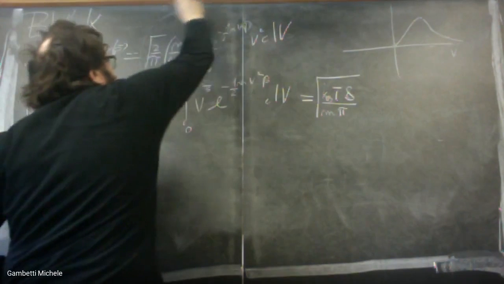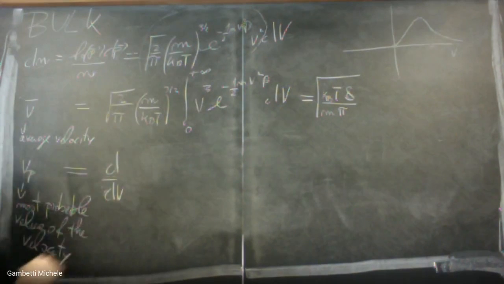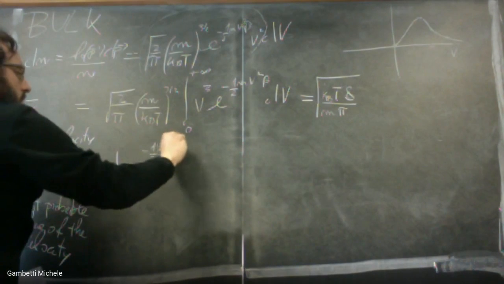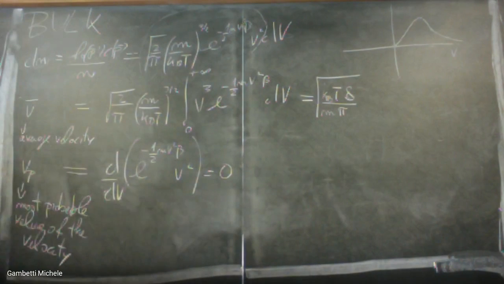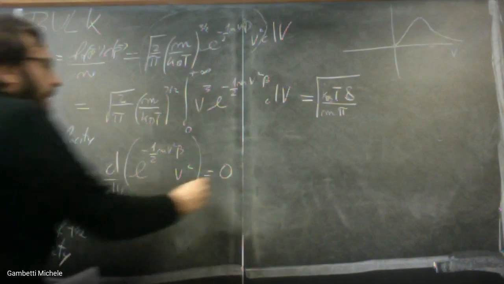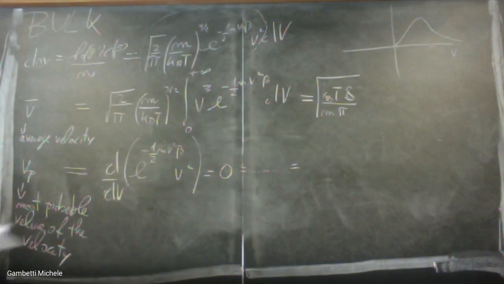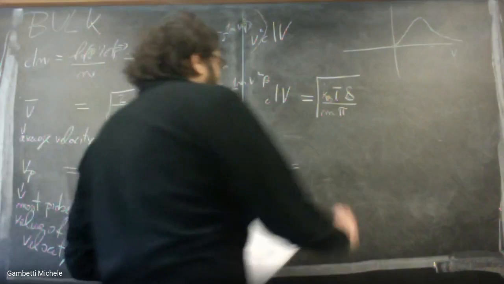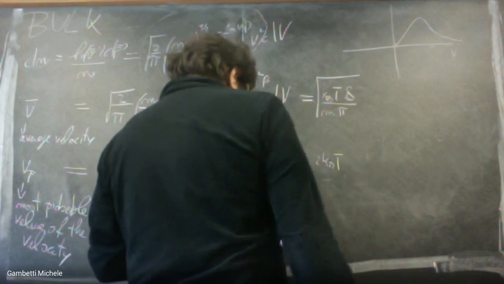Okay, so I need to derive with respect to v the exponential of minus m v squared beta times v squared, and then put this equal to 0. Okay, so you do the calculations again. It's easy, and you get v squared. The most probable value is 2kBT divided by m.